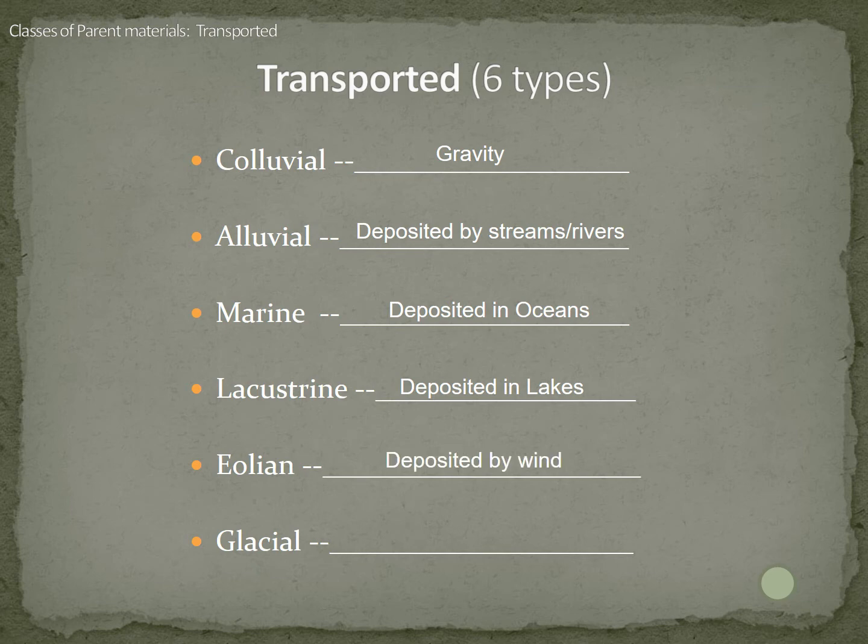We also have transport by wind, known as aeolian. Aeolian transport is where soil parent material is deposited by wind. Glacial parent material was deposited by ice. Most of Indiana has glacial parent material that was deposited by the glaciers that came through.